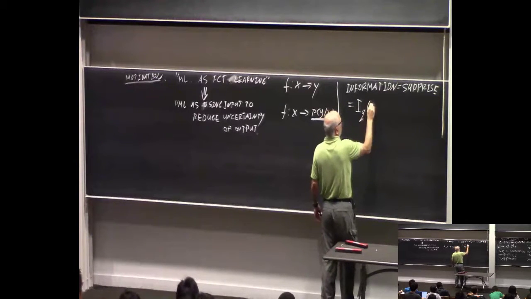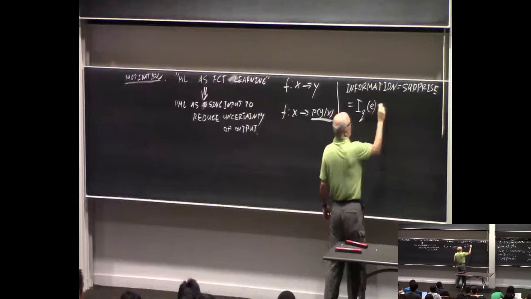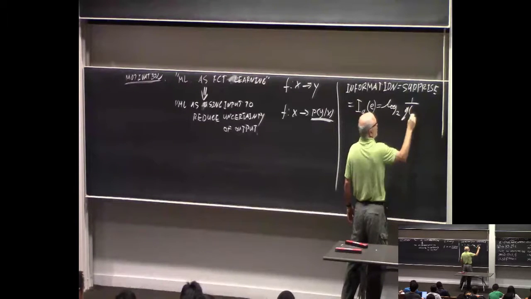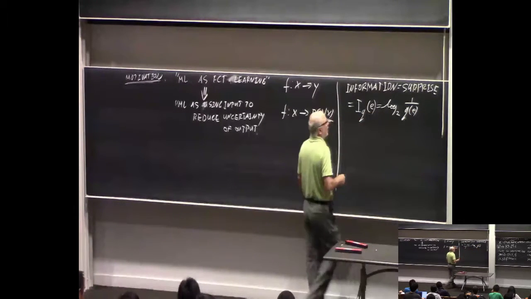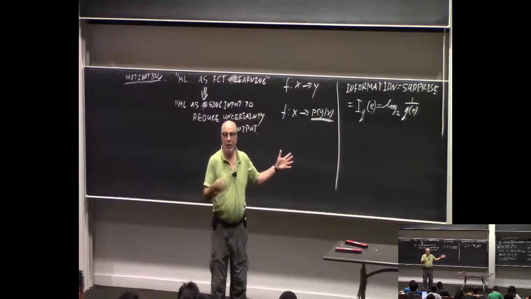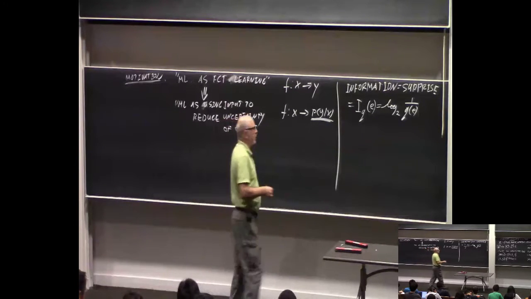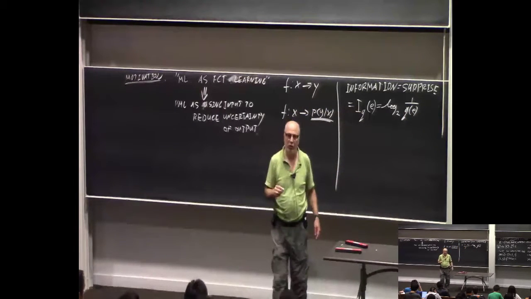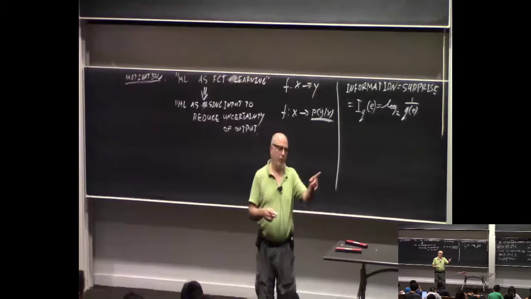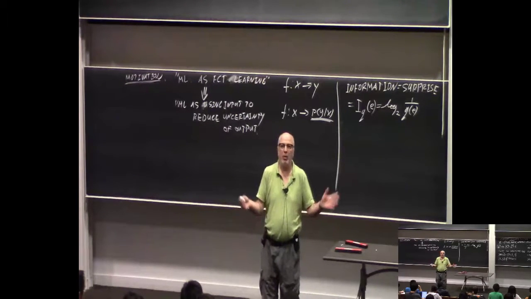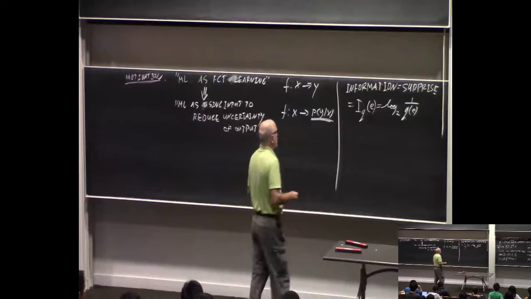With regard to some event, E, we define it as log base 2 of 1 over the probability that we assigned, the subjective probability that you or any one of us assigned to the event E. That subjectivity is captured by this function Q, which is a bona fide probability distribution, but it may be different for you than for you. Okay? So it is a probability distribution, but it's determined by whatever you believe about the world. So it's subjective.